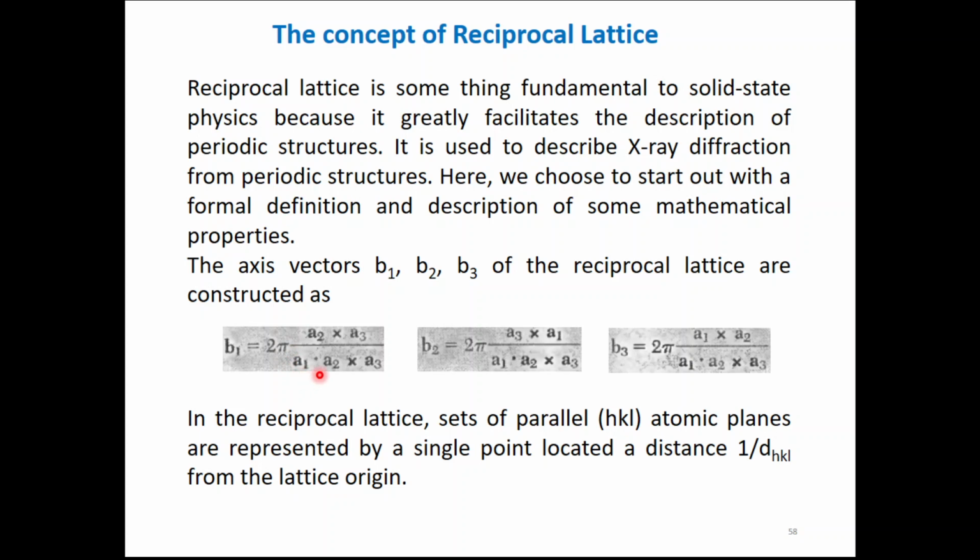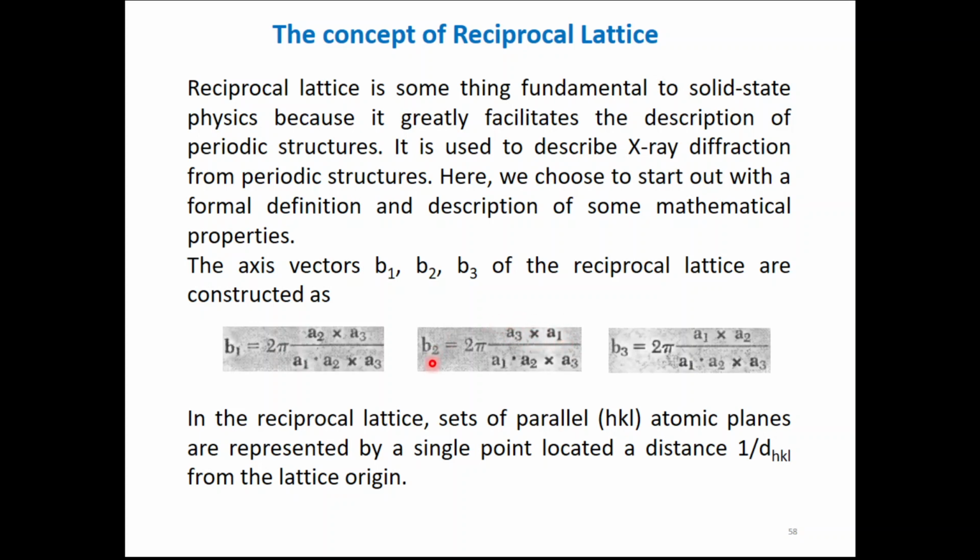And this a1 dot a2 cross a3 in the denominator defines the volume of the basic unit cell in the direct space. Okay. Similarly, we can define b2 as 2 pi into a3 cross a1 divided by a1 dot a2 cross a3. So this is again a volume. So the volume appears in all of these equations. So you need just to focus on this numerator.